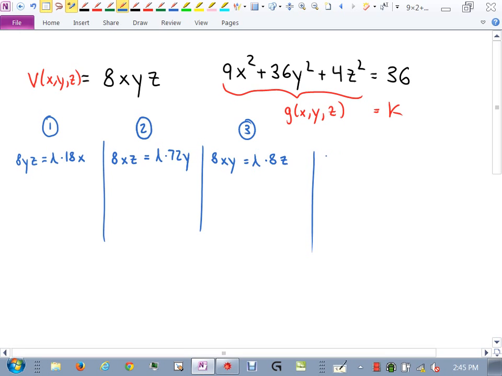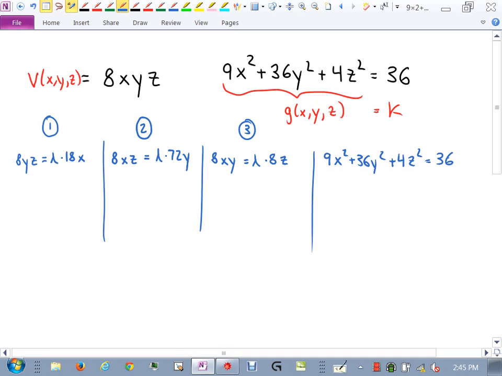The last one is the whole thing over there, right? All right, there it is. And now we have the pleasure of trying to figure out what x, y, and z make all those true.